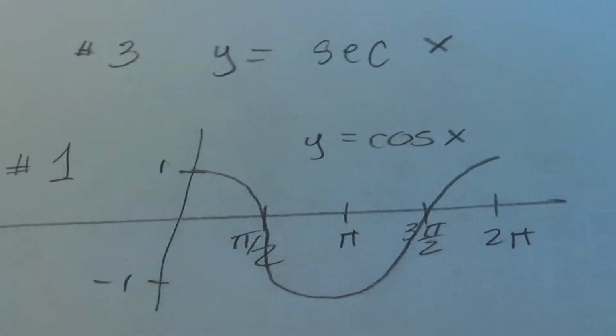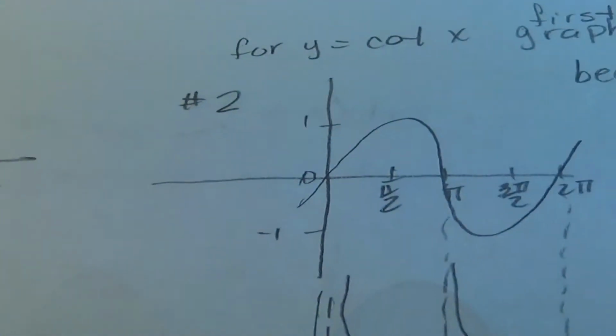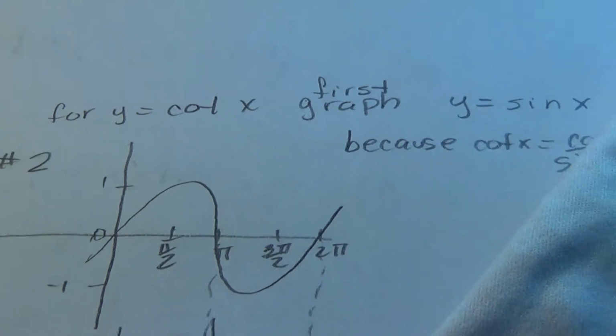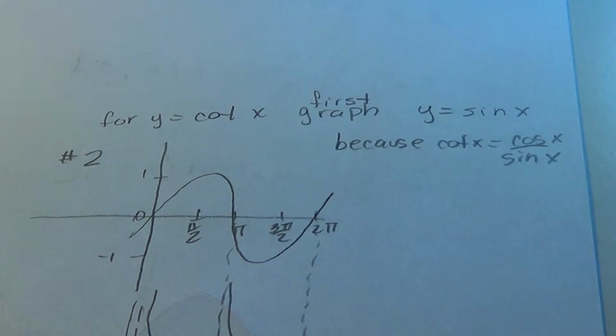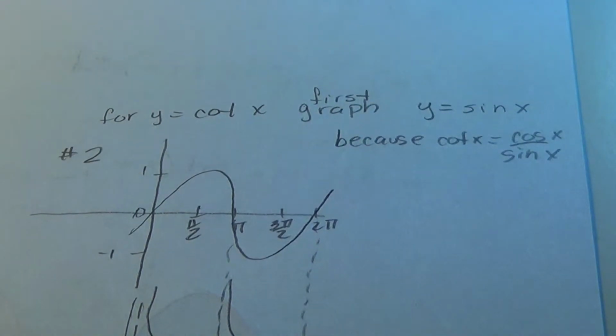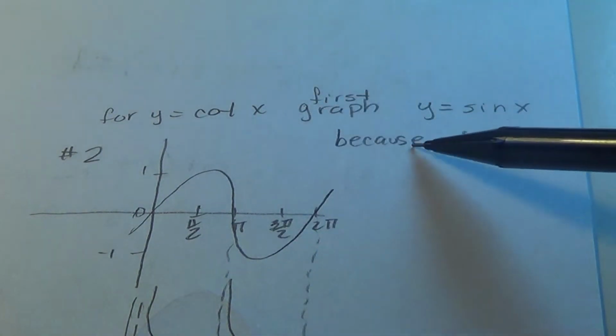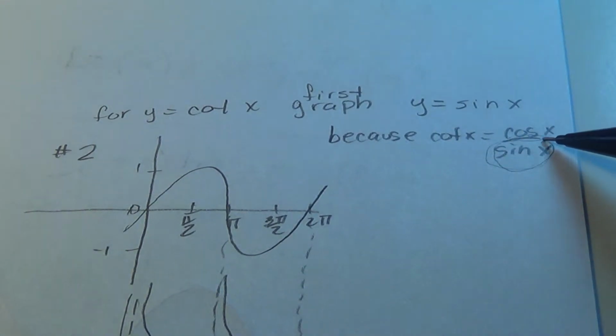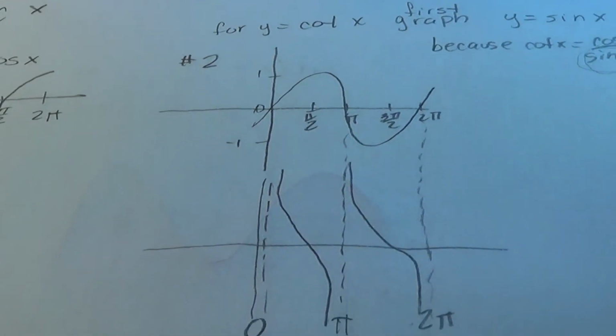Alright, number 2 was cotangent. So the cotangent curve, you want to first graph the sine curve. The sine curve is related to the cotangent because cotangent equals cosine over sine. So this is where we're going to get the asymptotes. This can never be 0, or we are dividing by 0. So that's not allowed.